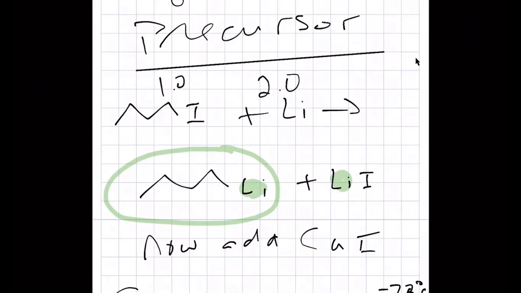It probably follows a similar mechanism to the Grignard, because all those group 1 and group 2 metals, like sodium, lithium, magnesium, are great one electron donors. So more than likely, this alkyl lithium synthesis happens almost identical to the Grignard synthesis.